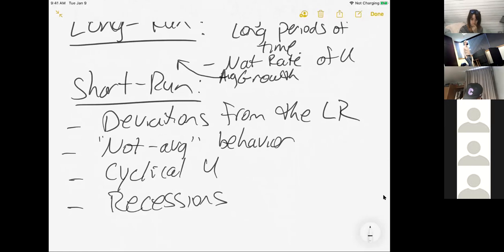What about periods of time when the US economy starts to slow down, where we fall below what we see is true on average? How do we deal with that? So this is a very, very important distinction. It's really going to be hard to understand what we talk about going forward if you don't make this distinction between the short run and the long run.